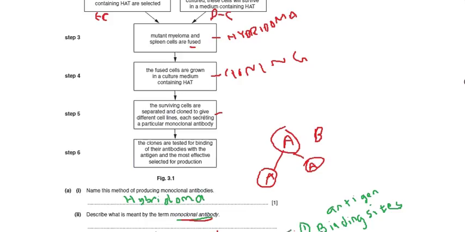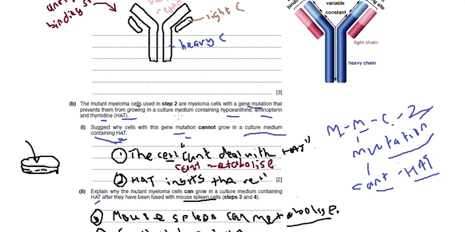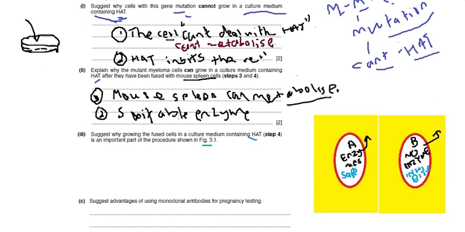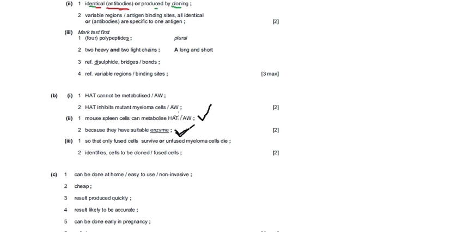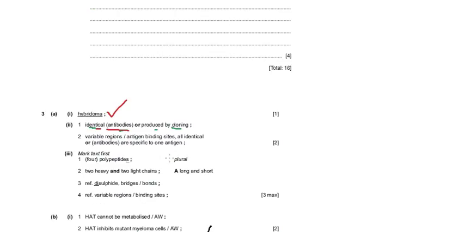This is important because only the fused cells remain, while the unfused cells are all removed. So this is the importance of this: only the fused cells survive. You see, this is the question: identify cells to be cloned, fused cells. Only the fused cell survives, and so the other cells die off.